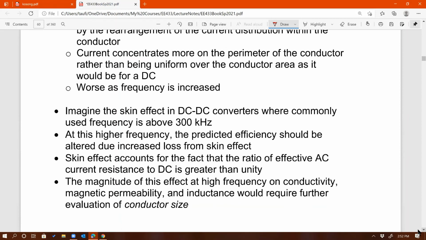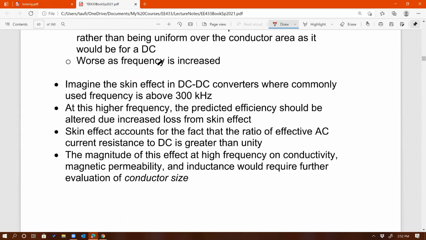Right? And it's getting worse as frequencies increase because the skin depth gets smaller and smaller, right? So imagine the skin effect in DC to DC converters where commonly used frequencies are above 300 kilohertz. At this higher frequency, the predicted efficiency should be altered due to increase in loss from skin effect, right?